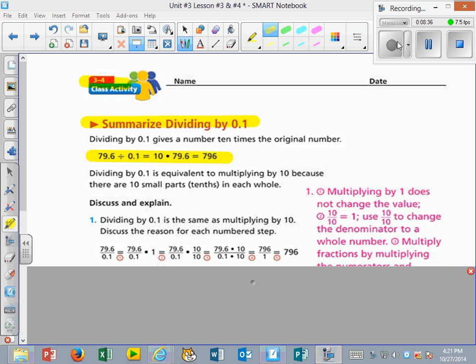All right, you don't have to copy this one down, but let's just take a look at it again here. It says discuss and explain number 1. It says dividing by 0.1 is the same as multiplying by 10. Discuss the reason for each numbered step.